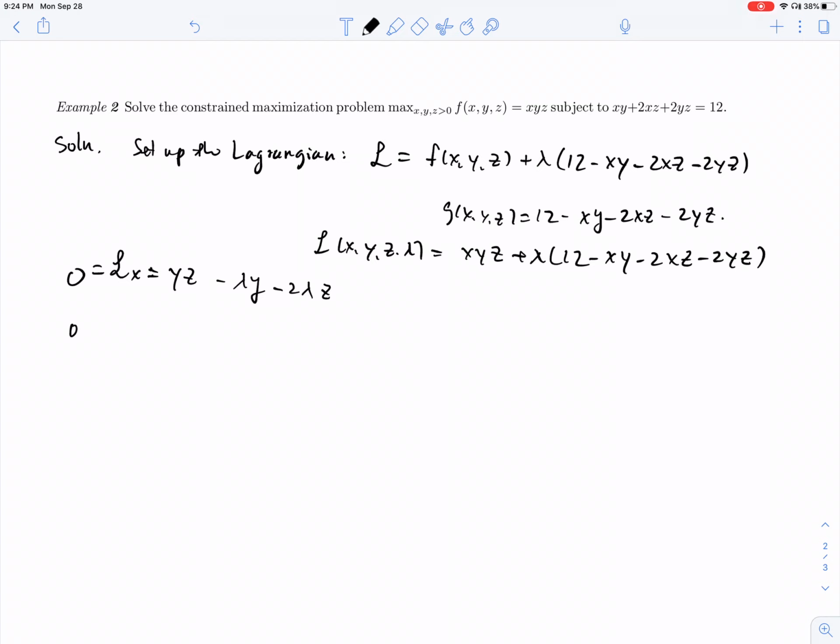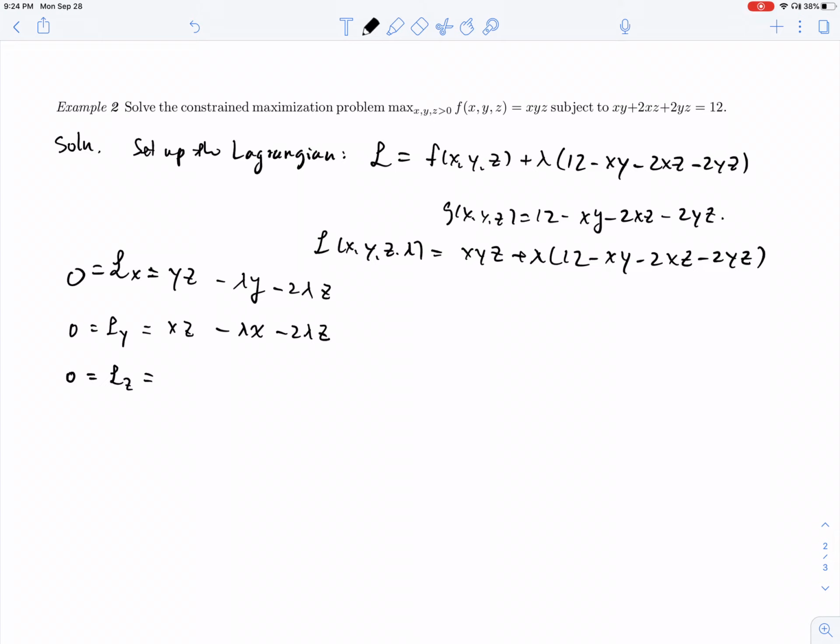And then we have another one. Take the derivative with respect to y, and this is going to be xz minus lambda x and minus 2 lambda z. Yeah, so that's the derivative with respect to y. How about the derivative with respect to z?